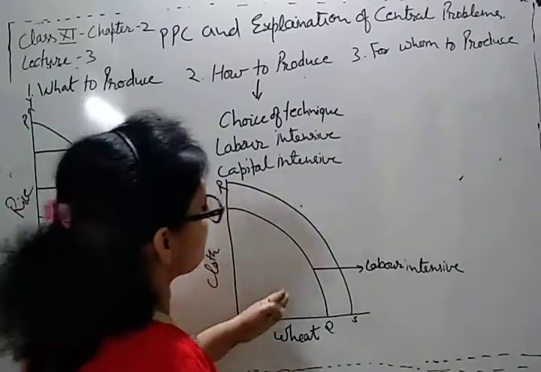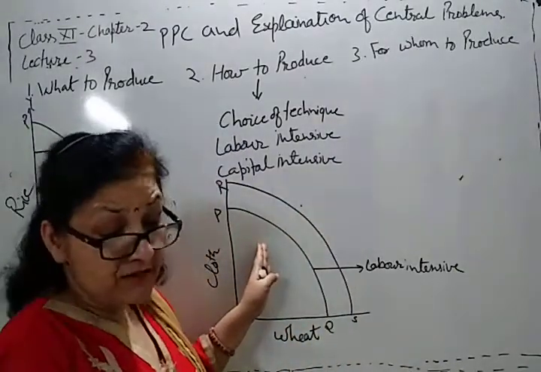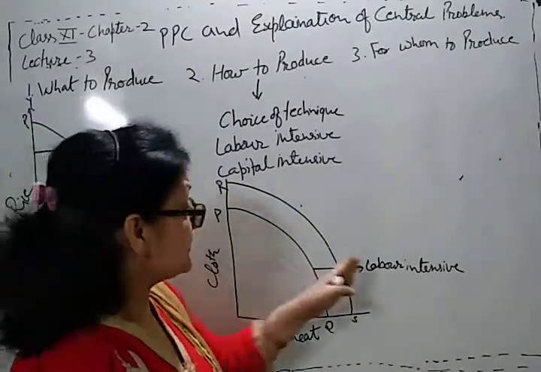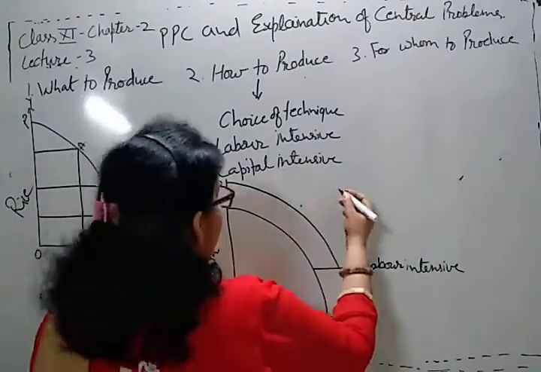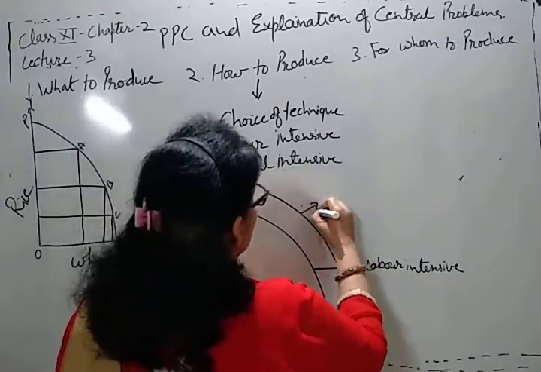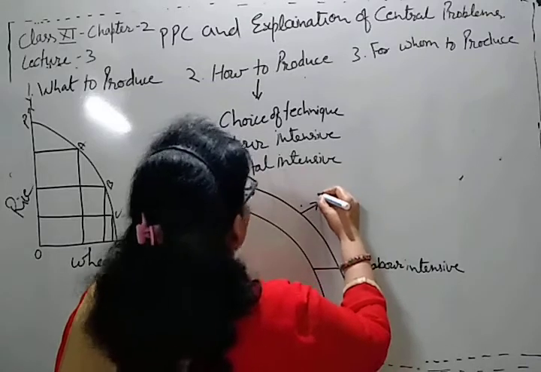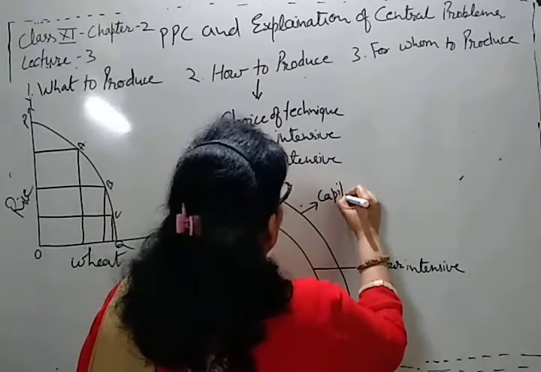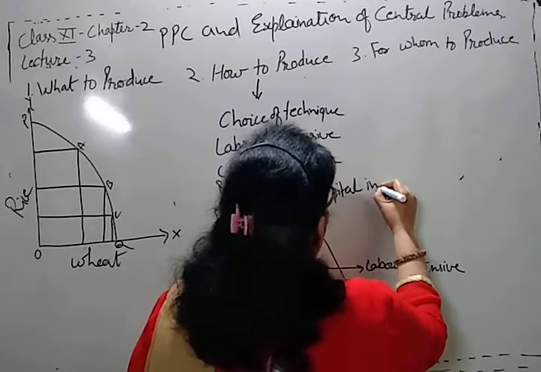PPC P2 shows us production possibility using labor intensive technology, and PPC RS shows us production possibility using capital intensive technology, or modern technology.